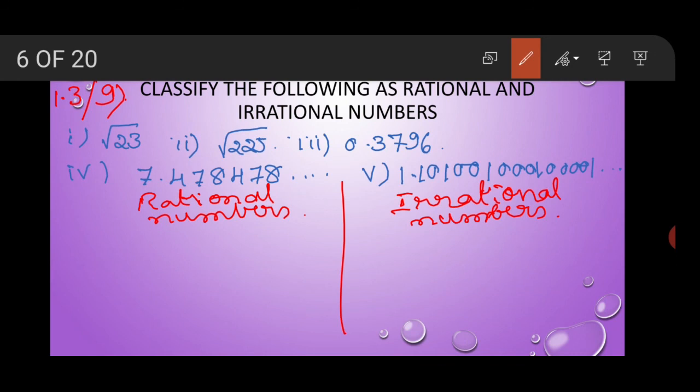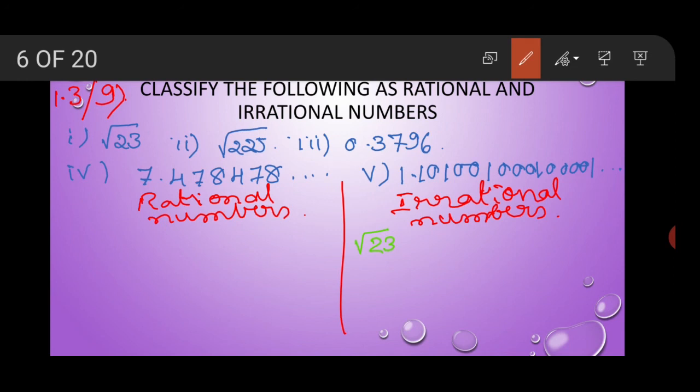Root 23. What type of real number is this? Is the square root of 23 rational or irrational? You know. Yes, it is an irrational number. Write it down in the column of irrational numbers. Square root of 225 is what? Is it a rational number?